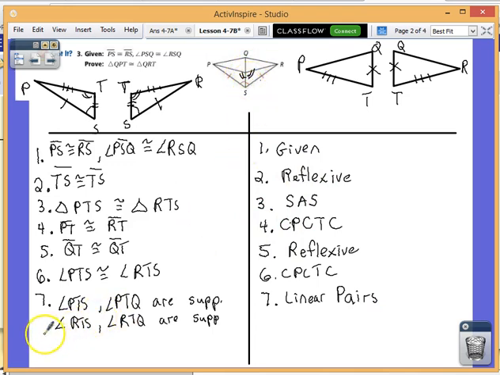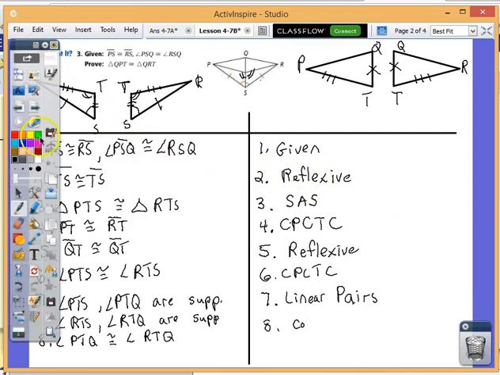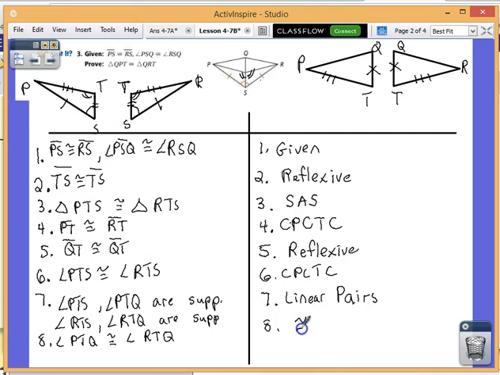So now I can say that angle PTQ is congruent to angle RTQ, and that is by the, I'm going to use the symbol instead of writing out the word, congruent supplements theorem.